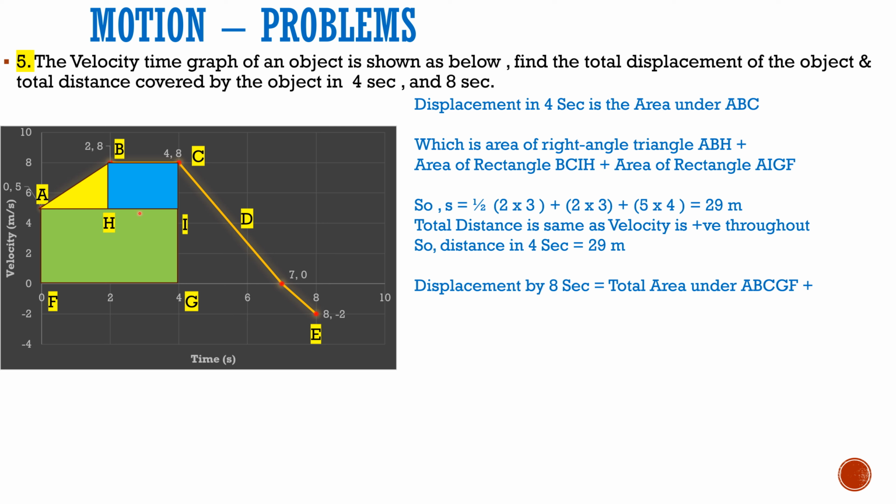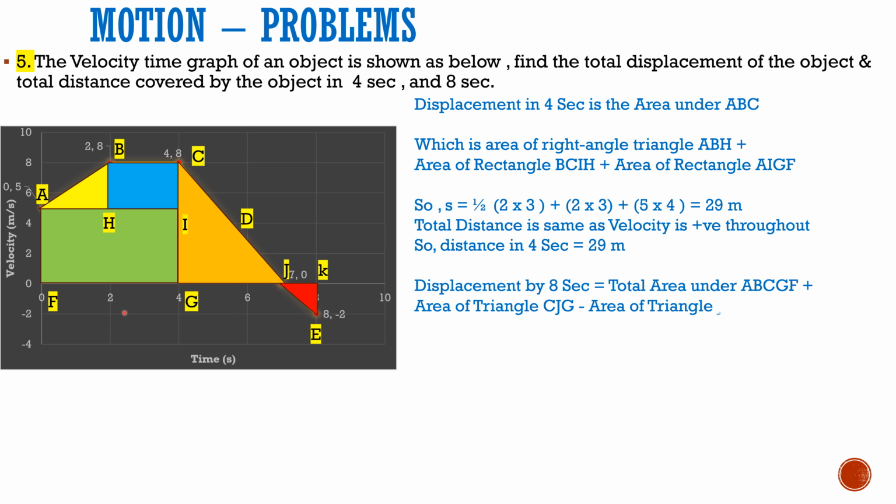So in case of displacement, again we need to find the total area across different triangles. First let us find this triangle. It will be the area under C, G and J, or C, J, G. And in case of displacement, since the velocity is going negative, we need to take care of the direction as well. So we will negate this part.